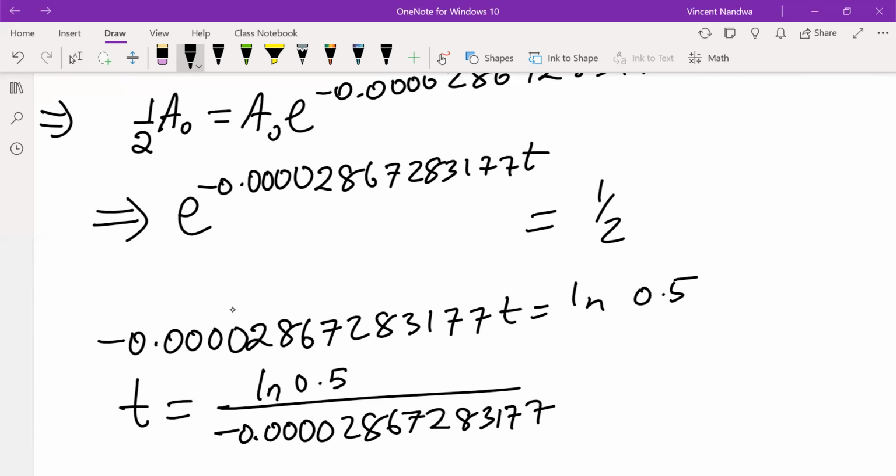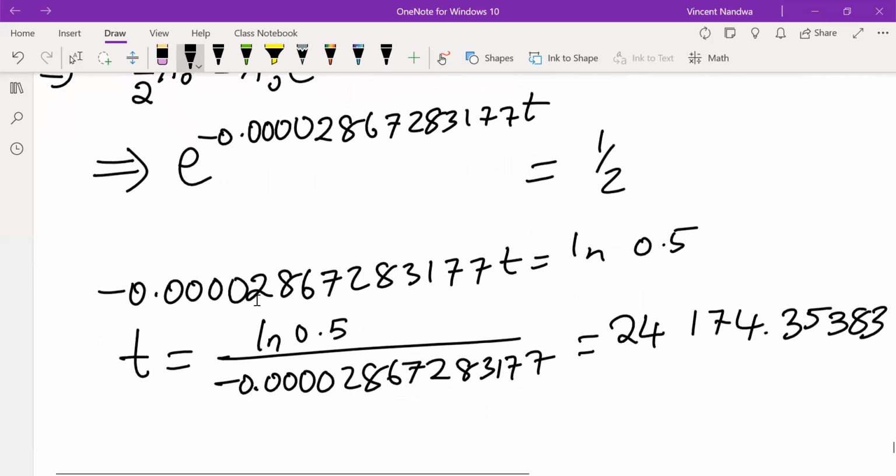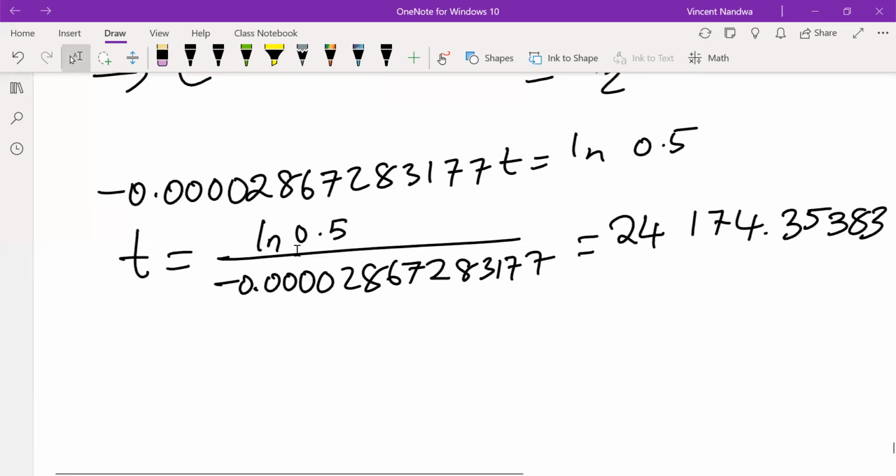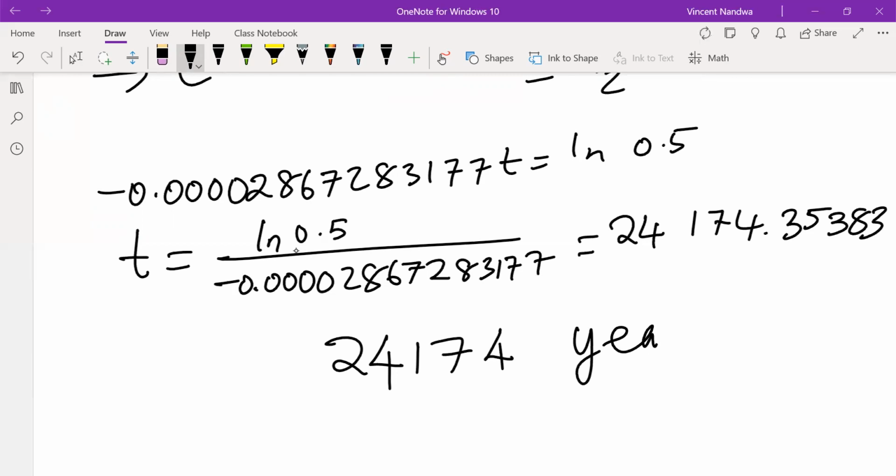So this will give us 24,174.35383, which is roughly 24,174 years.